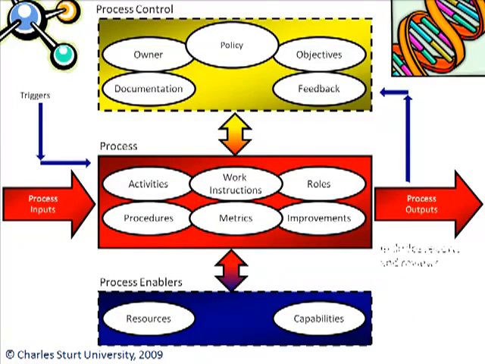And by the way, if you think of outputs in the form of metrics and reports, all those outputs can also be used to provide feedback to the control level so they can make the right decisions. Based upon information, you can then make the proper decisions. That's the full-blown high-level process model that ITIL uses.